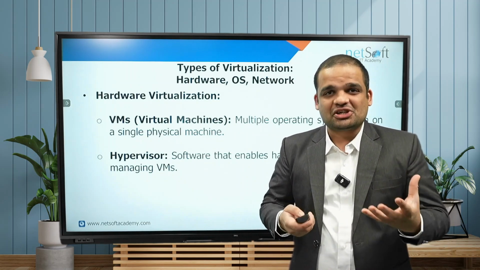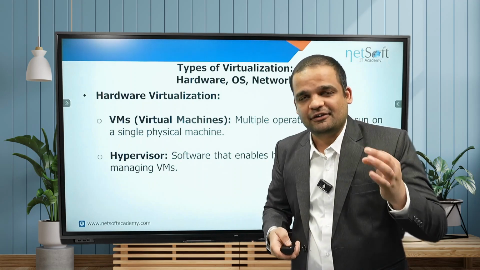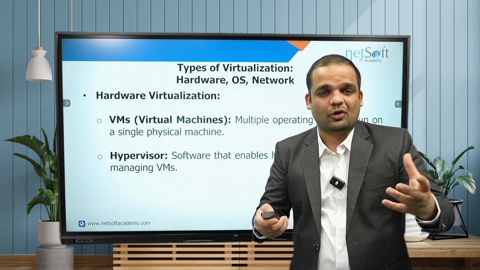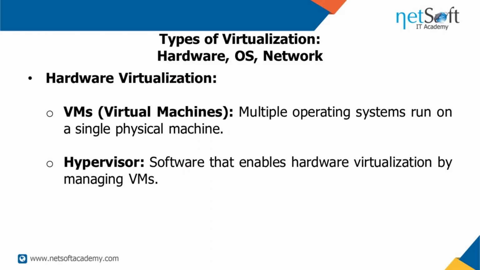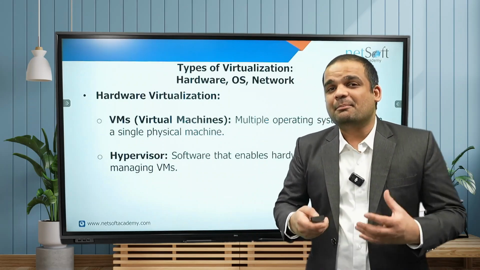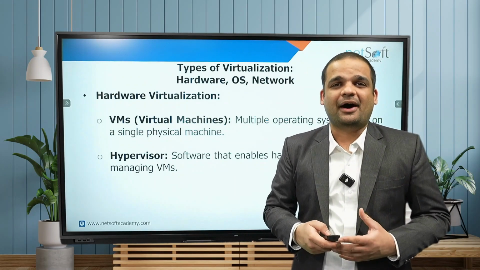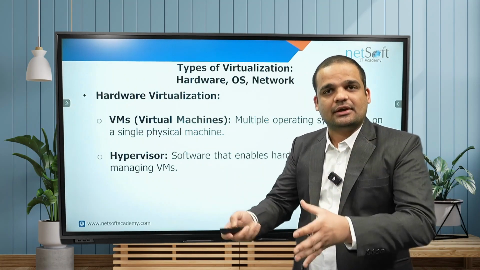This isolation makes it possible to use resources more efficiently and in a secure way. The next thing is hypervisor. What is a hypervisor? The hypervisor is the actual software layer that enables the hardware virtualization. It manages the virtual machine by controlling how a VM, a virtual machine, accesses the physical hardware.